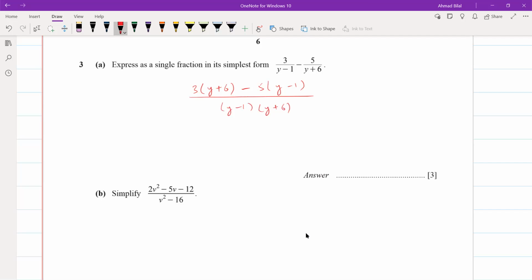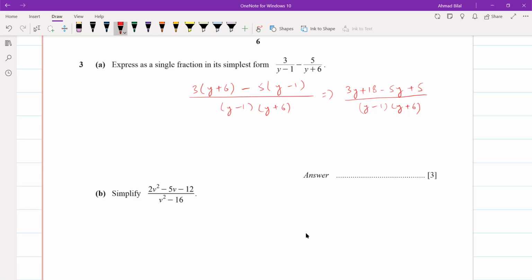Now we need to simplify this. Numerator को simplify करेंगे, हमारे पास क्या आएगा? We get 3y plus 18 minus 5y plus 5. ठीक है, divided by y minus 1 into y plus 6.